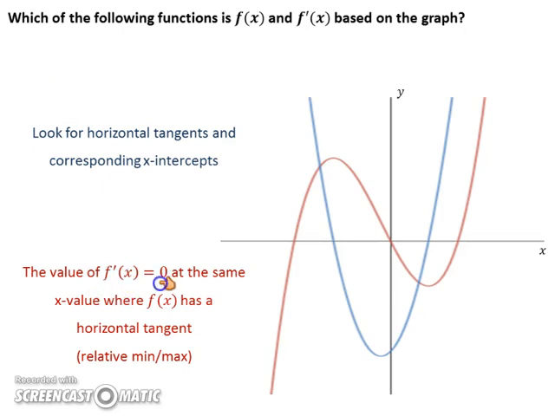So if you have a graph that has a horizontal tangent line, that means its derivative will equal 0 there. So the value of the derivative will equal 0 at the same x value where the original graph will have a horizontal tangent. And now this happens at a maximum and a minimum. Maximum, minimum, let me say that right. A relative means roller coaster.